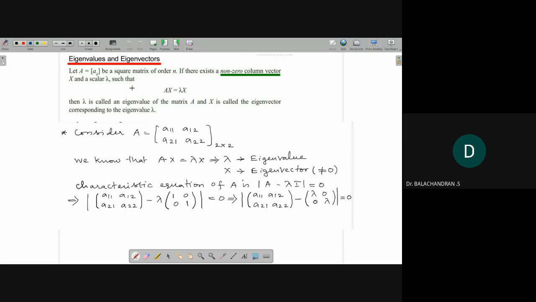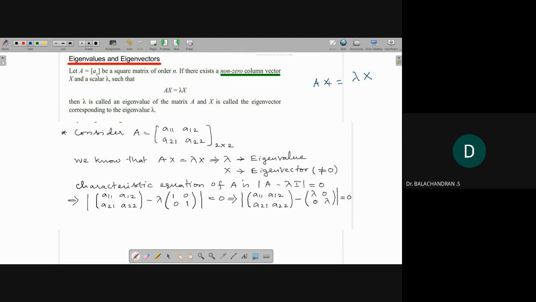So suppose A is a square matrix of order n. A equal to Aij be a square matrix of order n. Okay, if there exists a non-zero column vector x and a scalar lambda such that Ax is equal to lambda x. So this is a matrix.